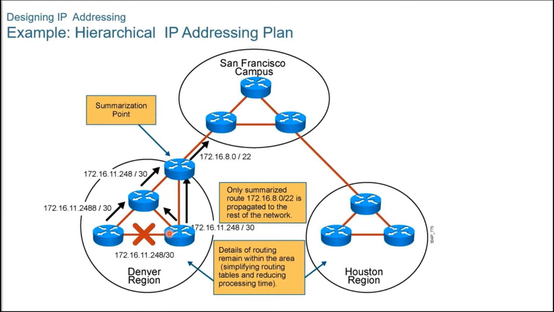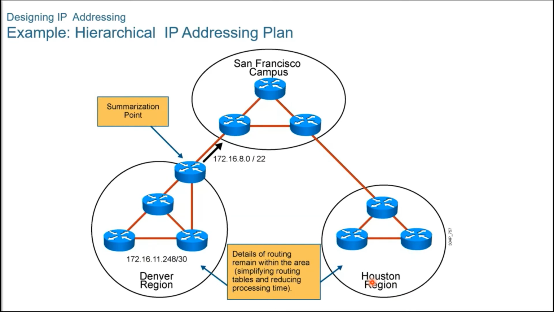Now for the Denver region, 1,024 addresses are allocated, and 10 host bits are required. This address block is further divided into smaller subnets supporting buildings, floors, or wiring closets. That's how you plan distribution of IP addresses within the network. Similarly, for the Houston region, there are about 1,024 addresses which are also allocated and further subdivided, as shown in the table from the previous slide.